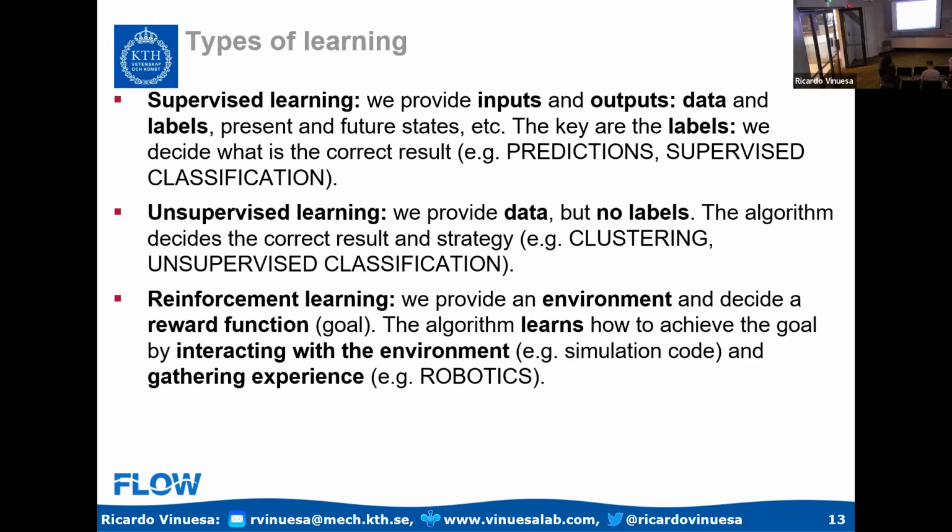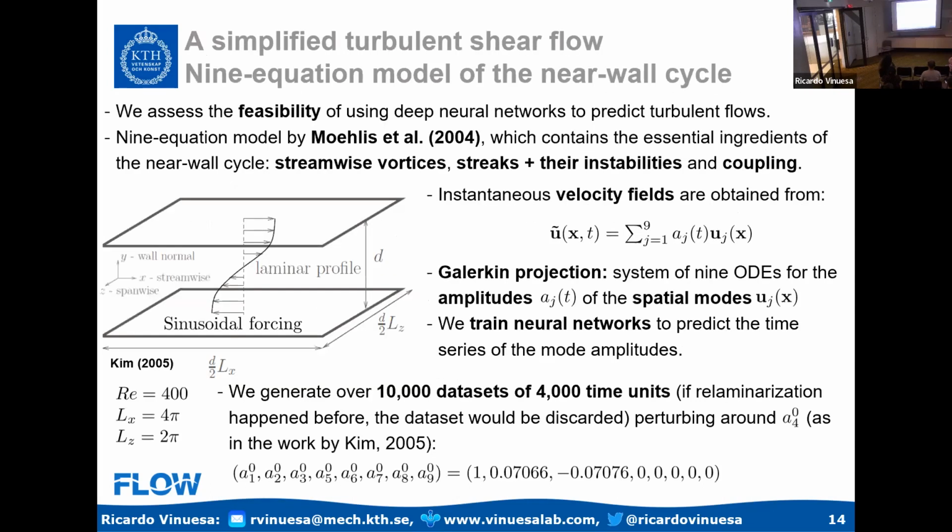So reinforcement learning is also unsupervised, but it works a bit differently. That's why it's classified as a different way of learning. And I see that there's a lot of potential from reinforcement learning to do many things, although it's quite tricky to get it to work well, in general, let's say. But there is a lot of nice potential with reinforcement learning. So today we will focus mostly on supervised learning.